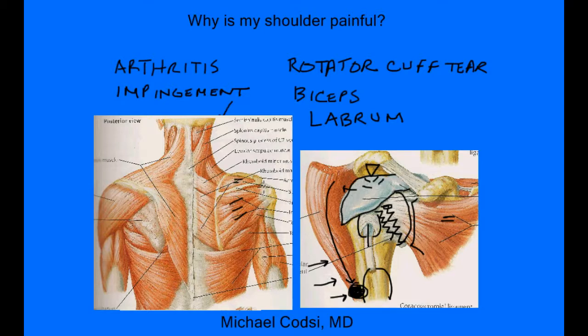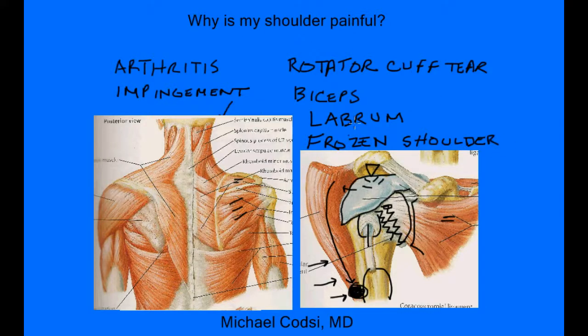And patients start to lose motion and get a lot of pain in the shoulder. And that is called a frozen shoulder. And patients complain not just of pain, but they feel like the shoulder is completely frozen. It just doesn't want to move. And that's why we call it frozen shoulder.